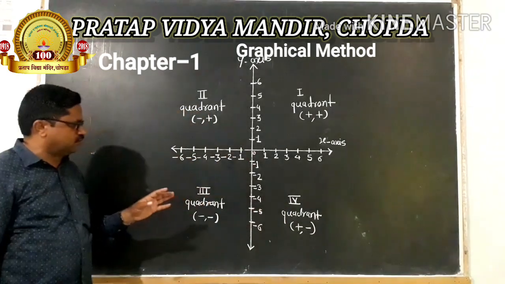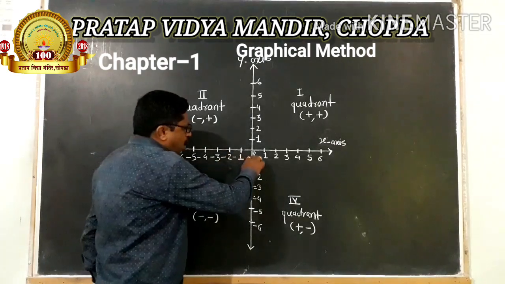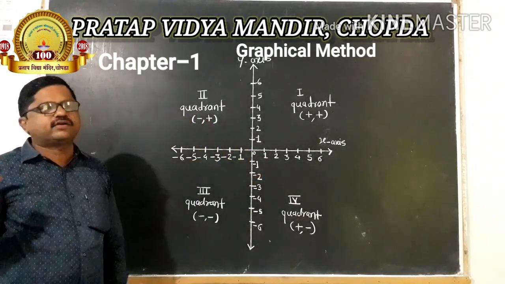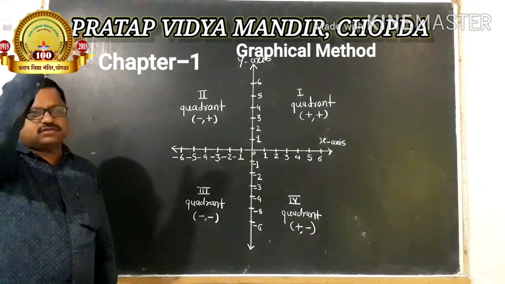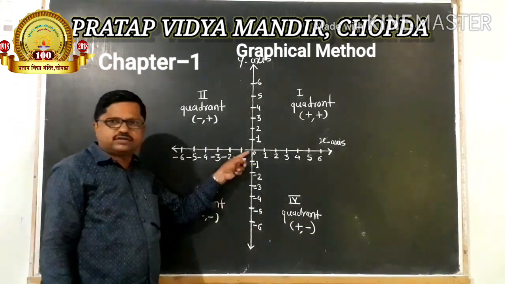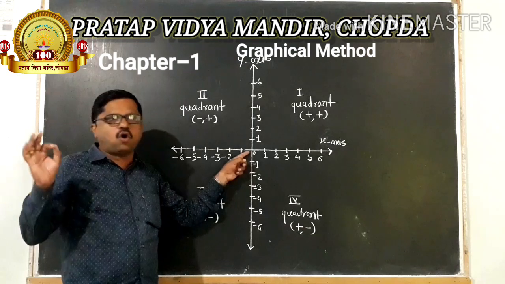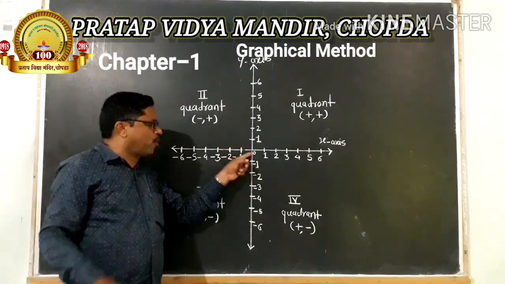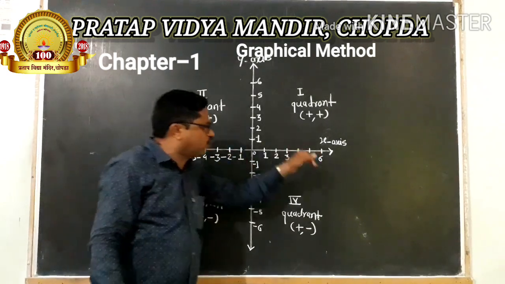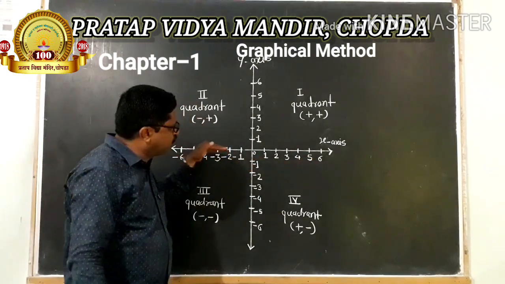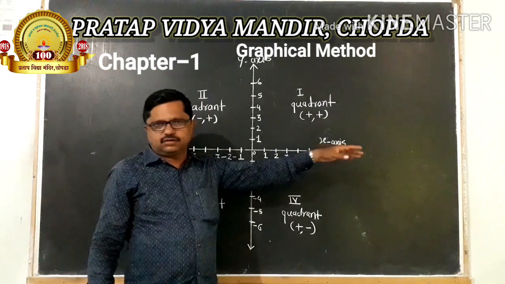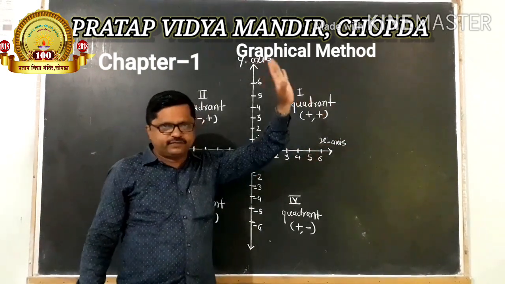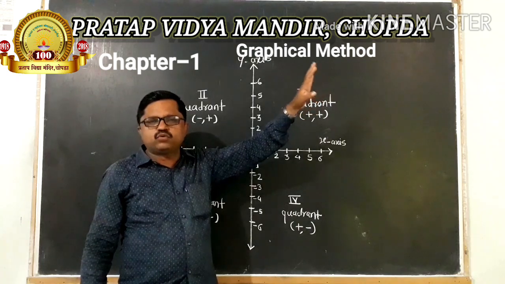On the x-axis, on the right side of the origin, the point of intersection of the x-axis and y-axis, positive numbers are written like 1, 2, 3, 4, 5, 6 and so on, up to infinity.